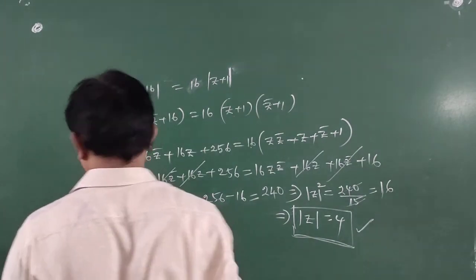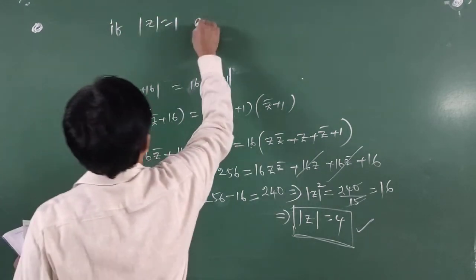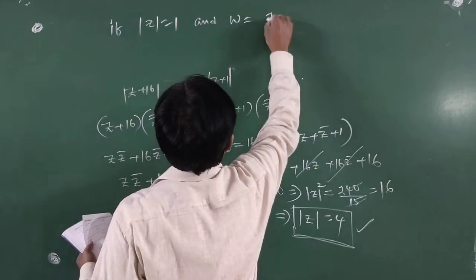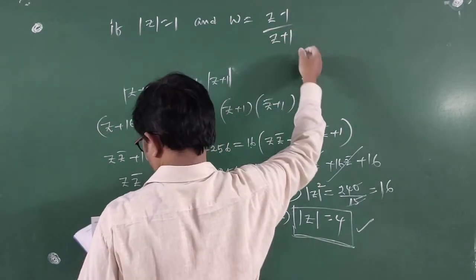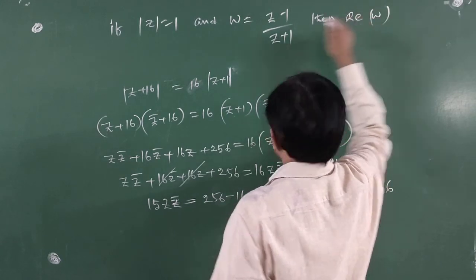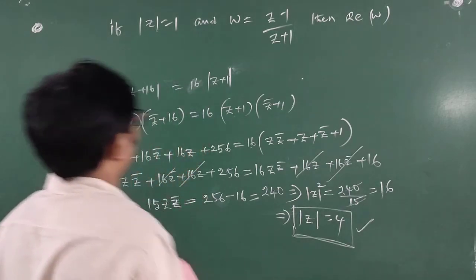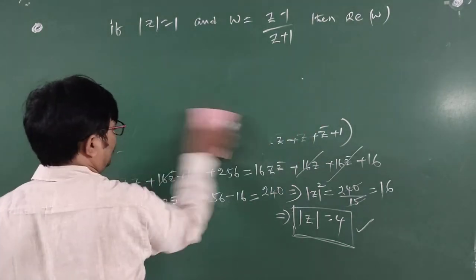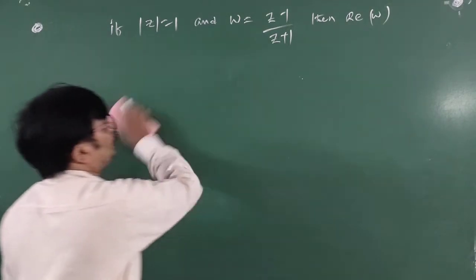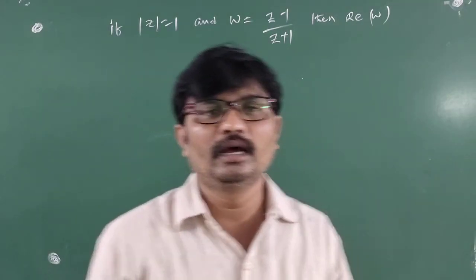Now students, if mod z equals 1 and w equals z minus 1 by z plus 1, then find the real part of w. Here it is not given that omega is a cube root of unity.